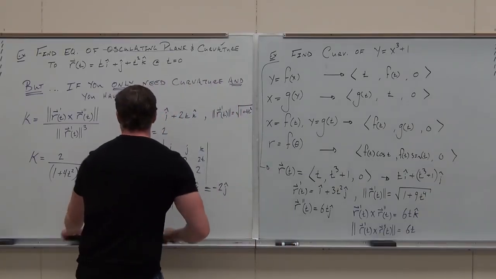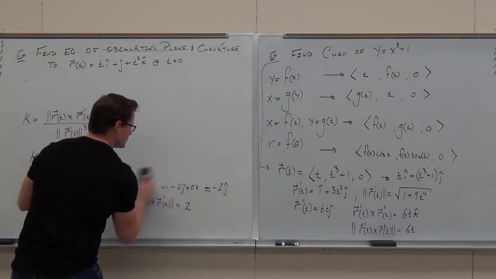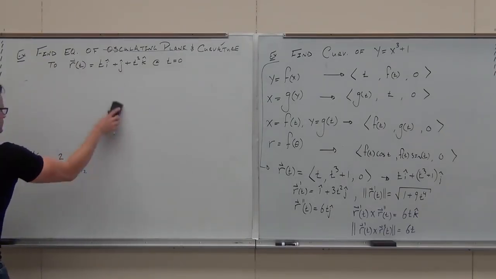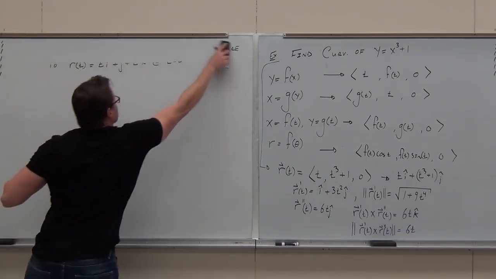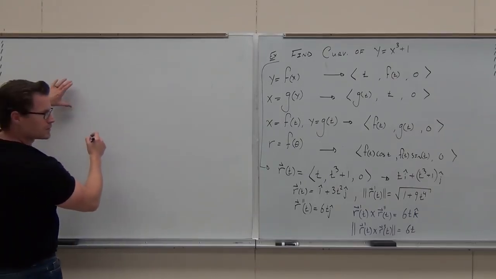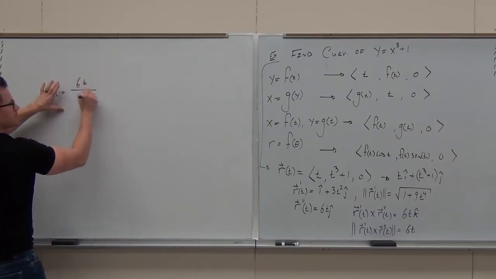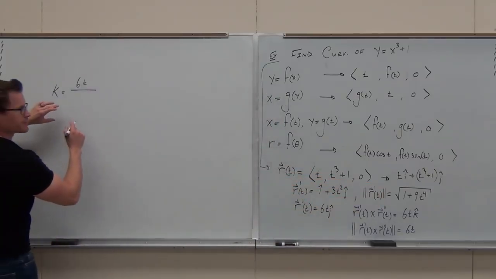So our curvature looks like this now. Take that 6t, divide by the magnitude cubed, magnitude of the first derivative of the vector function cubed.